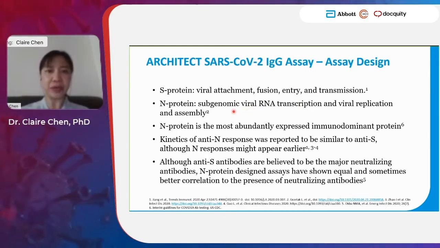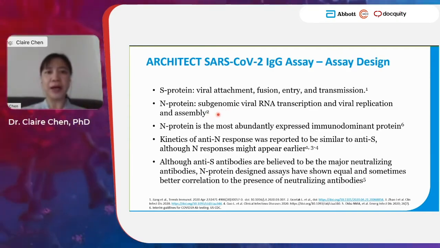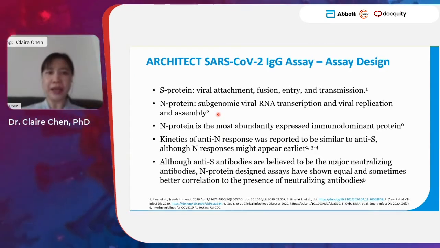The nucleocapsid protein, or N protein, is responsible for subgenomic viral RNA transcription, viral replication and assembly.